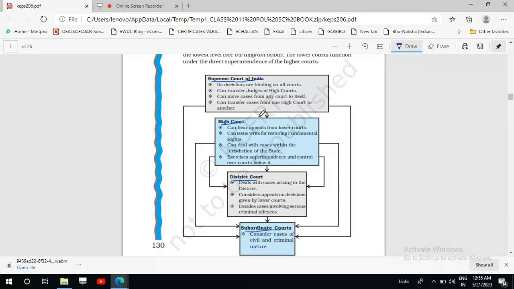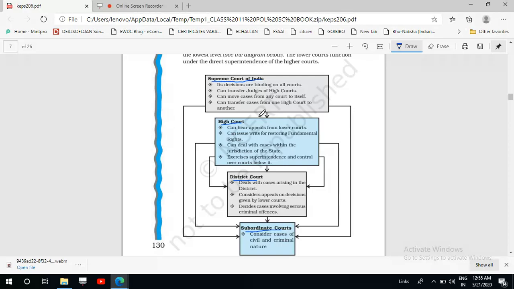If we had adopted the federal judicial system, then the high courts would be part of the state government, and in this integrated system the high courts are part of the whole judicial system, and it is working under the Supreme Court.